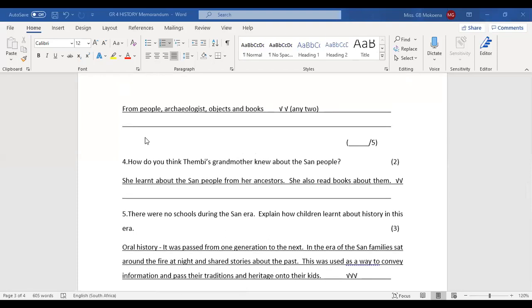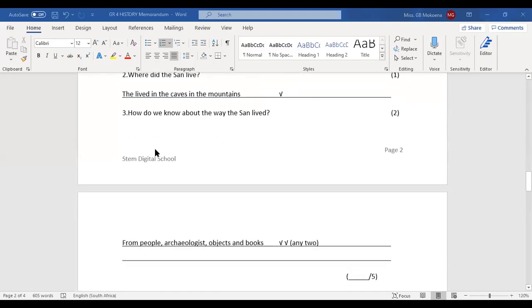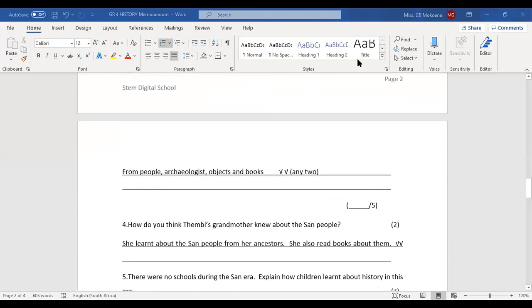Okay, my answer here is, how do we know about the way the San people live? We know from people, we also know from archaeologists, and objects and books. So any of the two here, you mark yourself correct.